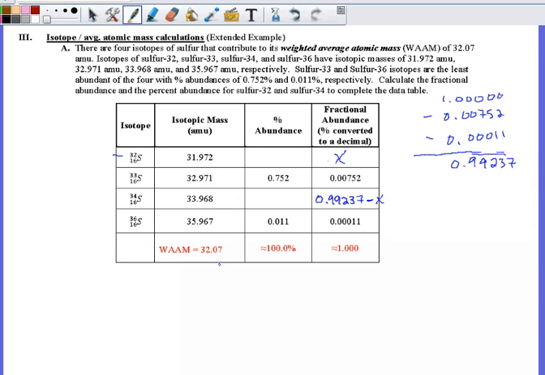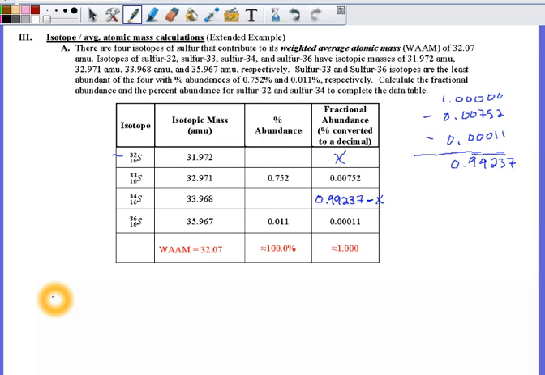I can look at that number, and it says 32.07, so it's closer to 32 than it is to 33, 34, or 36. That tells me that the higher percentage is probably going to be 32. Just by looking at that, since it's weighted, most of the atoms of sulfur are sulfur 32 atoms, and then there are some that are higher that contribute to it going over 32.